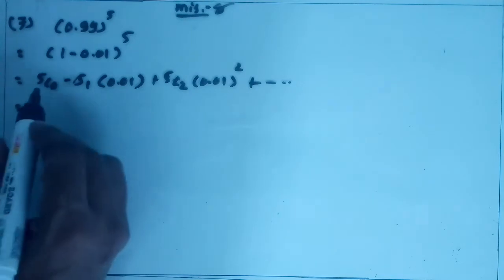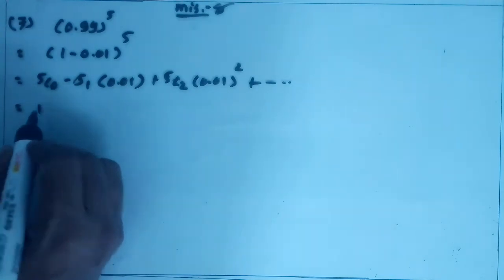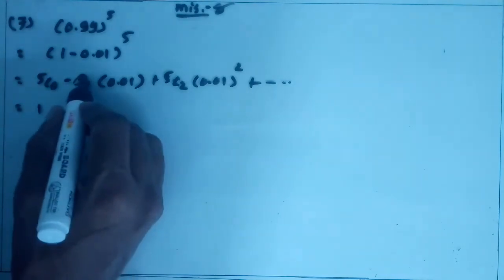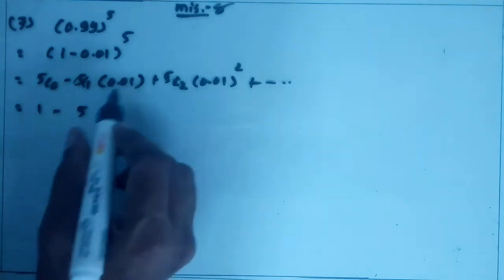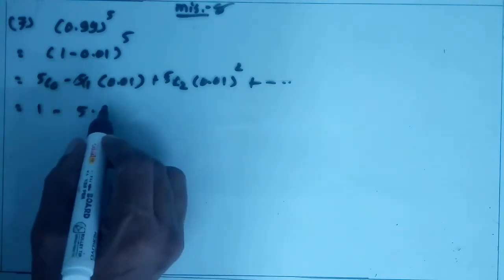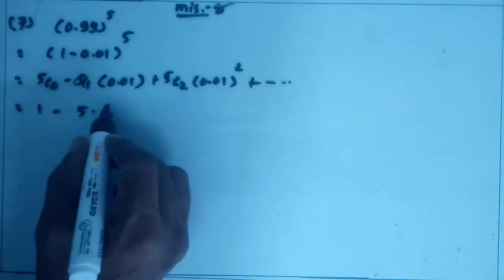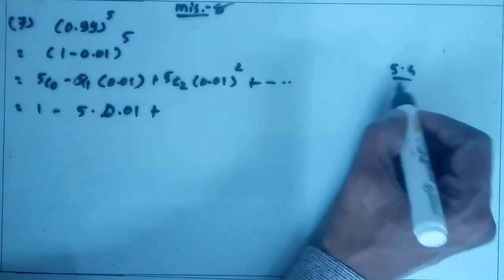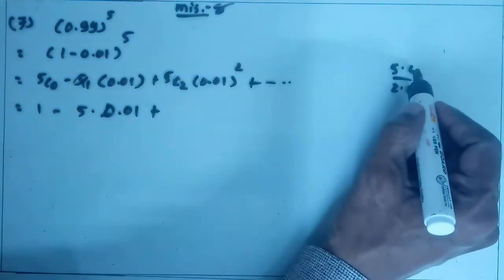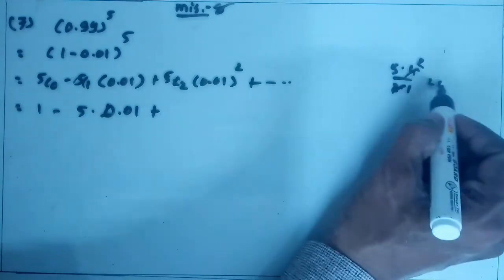So now simplify this. 5c 0 is equal to 1, minus 5c 1 is equal to 5 into 0.01, plus 5c 2 is equal to 5 into 4 upon 2 into 1, that becomes 10.